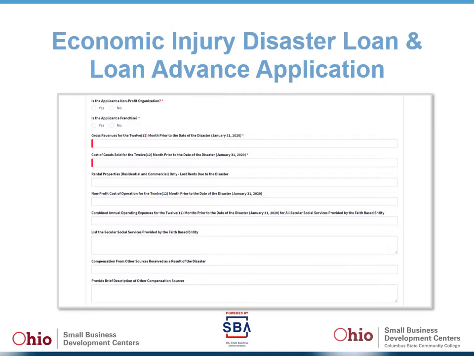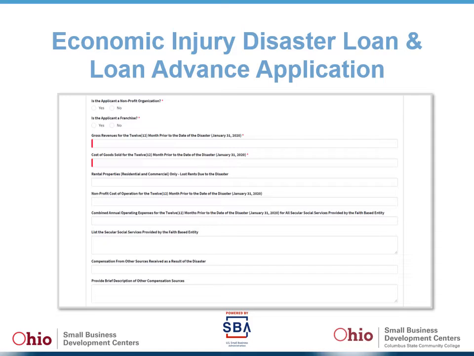Continuing down this page of the application, you will select whether or not you are a nonprofit organization or an applicant as a franchise. And that is also required, indicated by the red bar on the left-hand side. You will enter your gross revenues for the previous 12 months prior to January 31st, as well as your cost of goods sold.